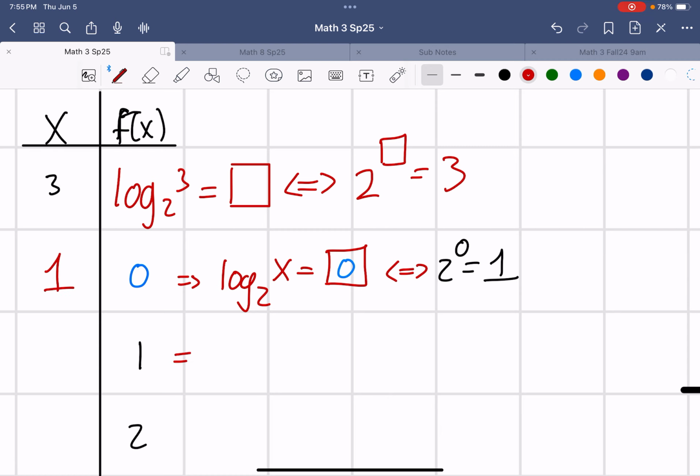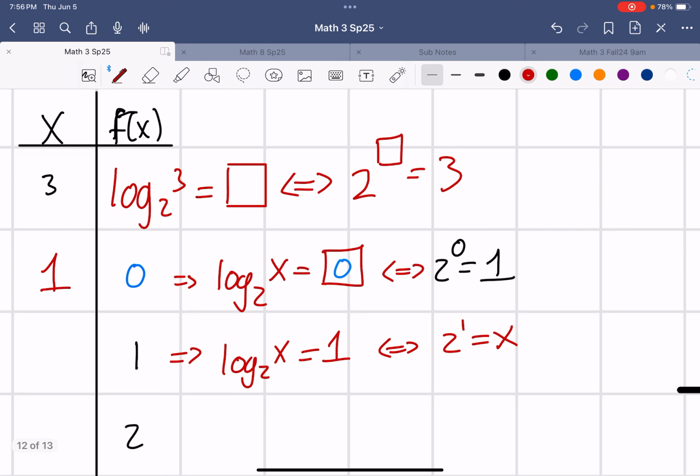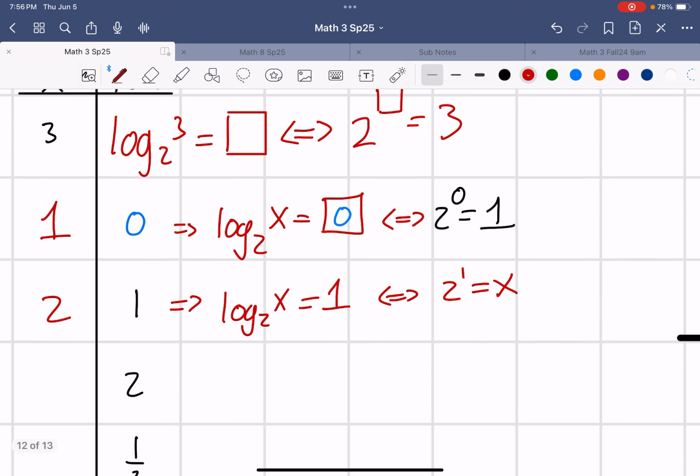So far, so good. This is going to be log base 2 of x equals 1. When I rewrite this, that means 2 to the 1 power is equal to some x. Well, we know 2 to the 1 power is just 2. And if we keep going, log base 2 of x equal to 2. So 2 to the second power is equal to x, which, 2 squared is 4.